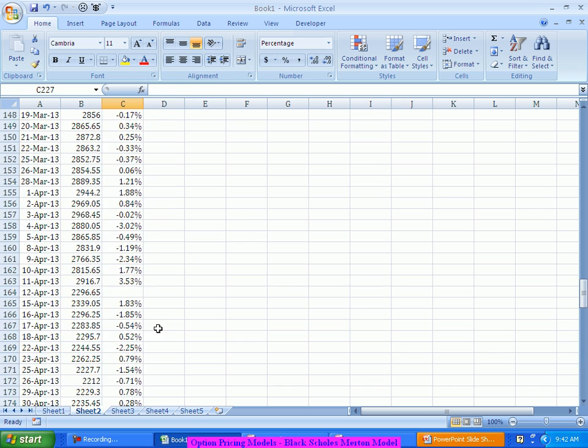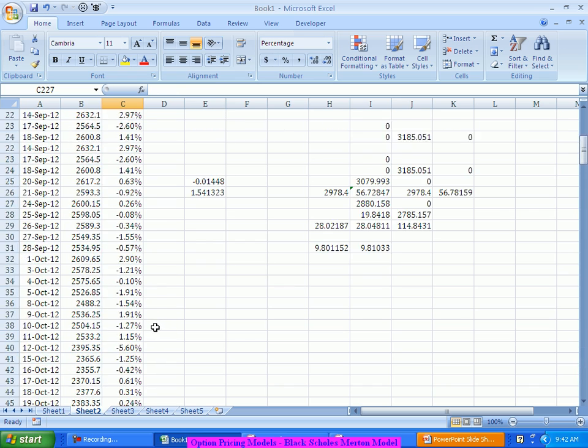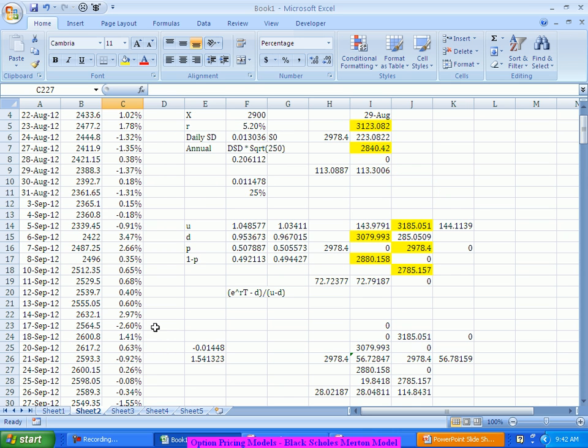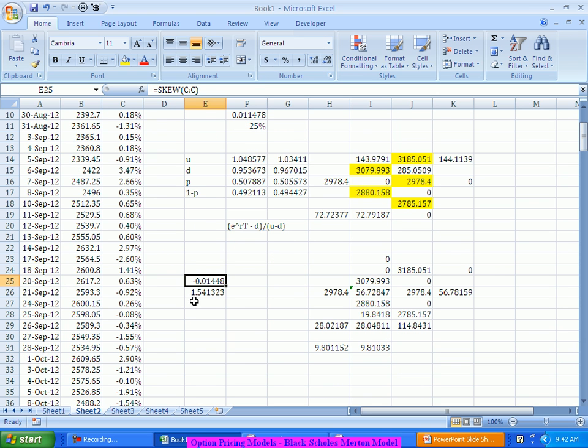Okay, let me try with these three values deleted. You see, skewness is very close to zero, which means if you remove those one or two or three odd values, you will find the stock returns will generally follow a normal distribution. Even with one or two adjustments, this comes very close to normality, right?